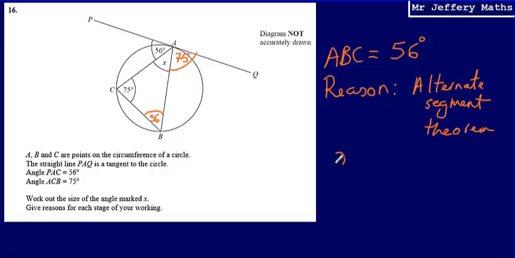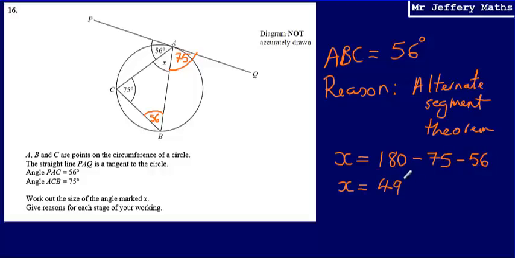So angle X is equal to 180 minus 75 and then minus 56. 180 minus 75 is 105, minus 56 is 49, so X is equal to 49.